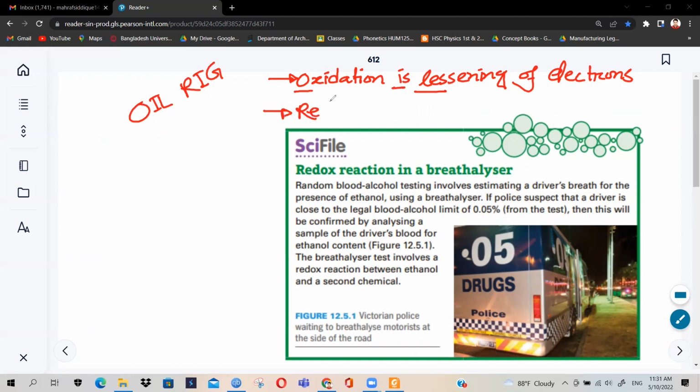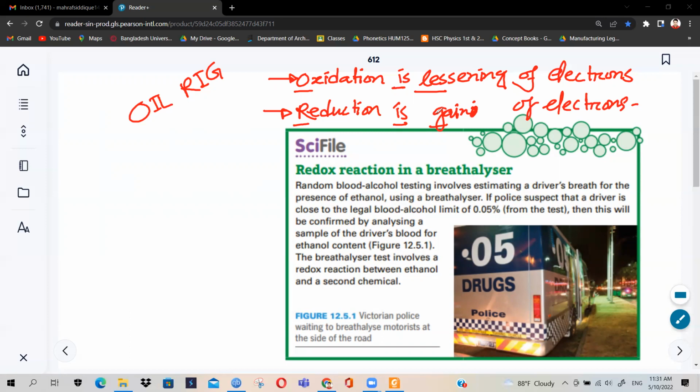And reduction is gain of electrons: R for reduction, I for is, G for gain. Whenever you see an oxidation process, electrons will be lost, and in a reduction process, electrons will be gained.